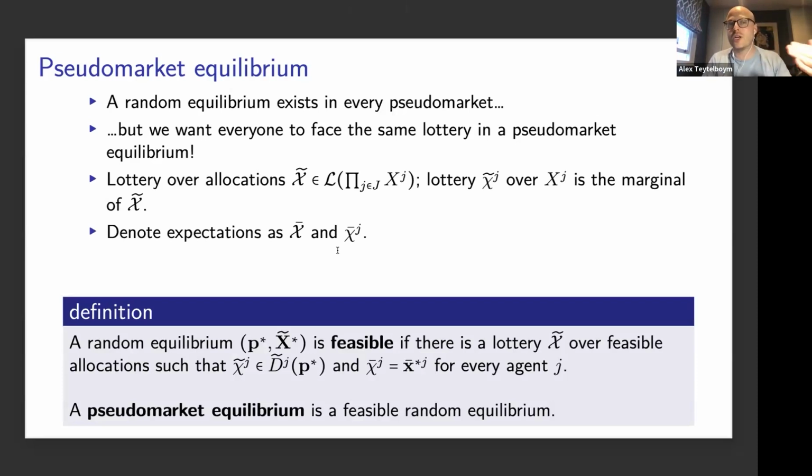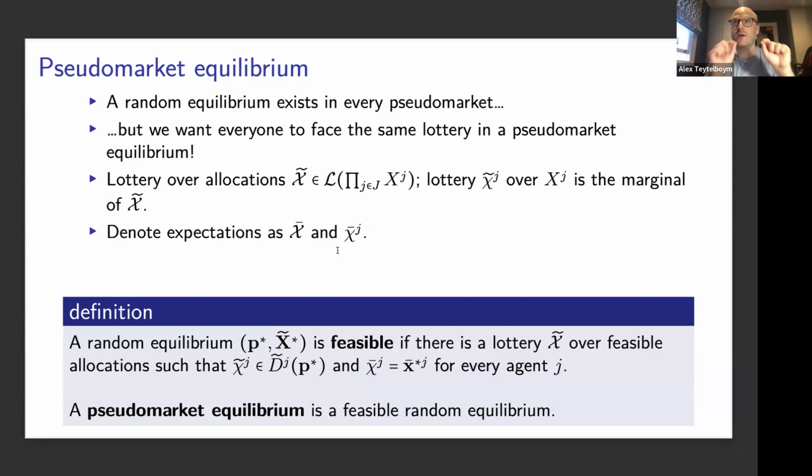if there exists such a lottery over allocations, script X tilde, I should say over feasible allocations. So we need to respect all the feasibility constraints, right? Individual agents and aggregate ones. So it's a bunch of constraints, such that the marginal that each agent gets is in the demand correspondence, and the lotteries match in expectation between the one that the agent was hoping to get and the one that the agent has got, right?